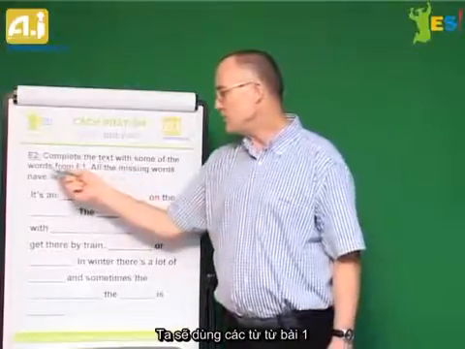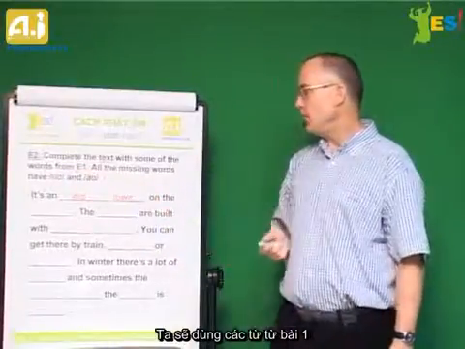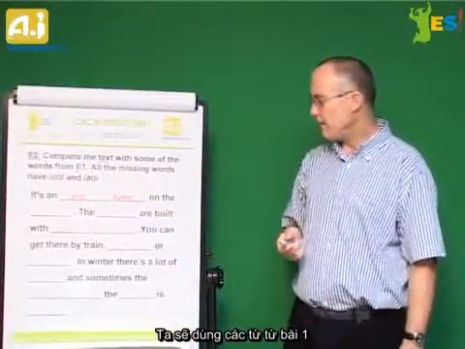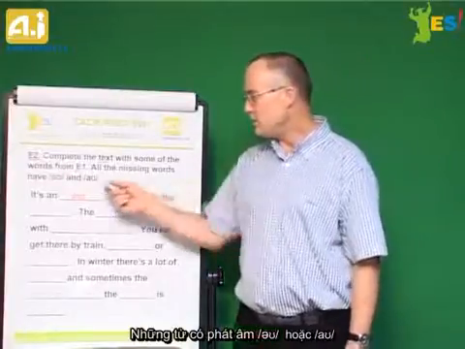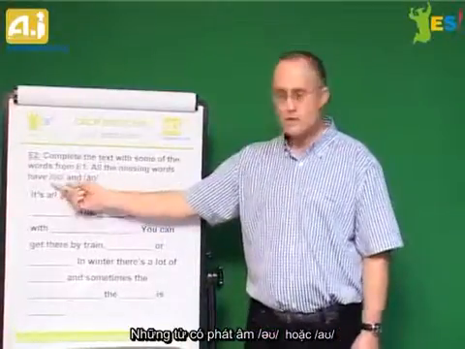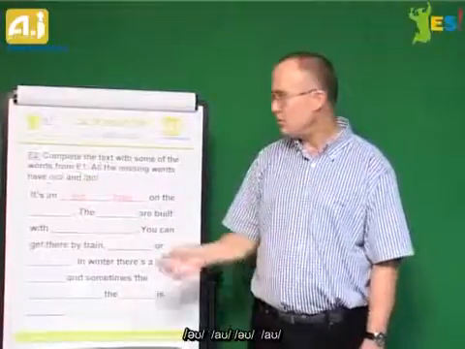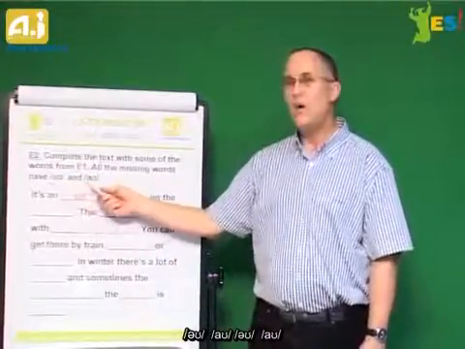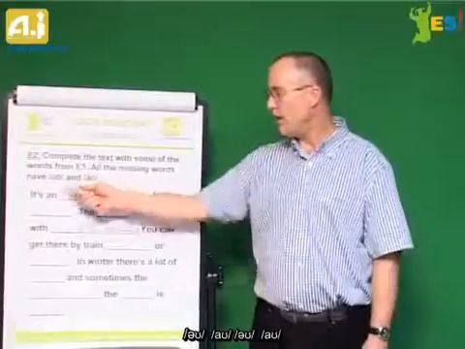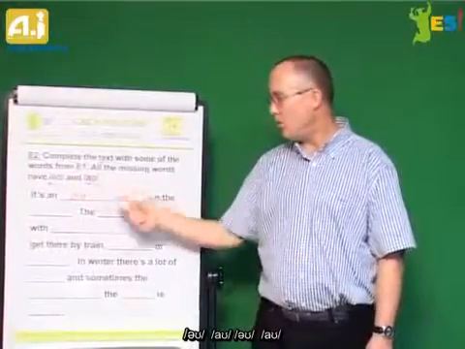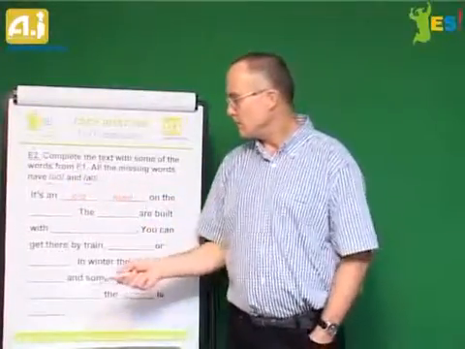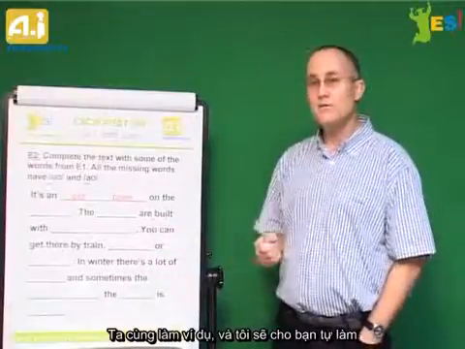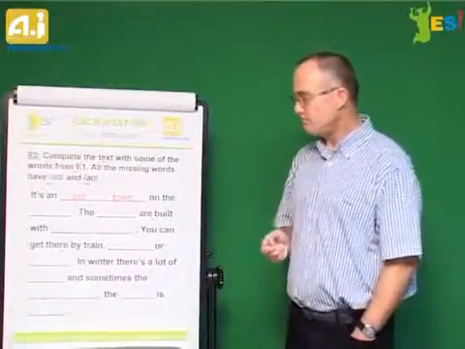And we want to use some of the words from E1. Okay? All the missing words have, what's this sound right here? Oh, ow, okay? We'll do the example together, and then I'll give you a chance to do the exercises.